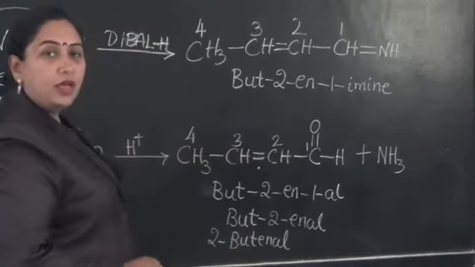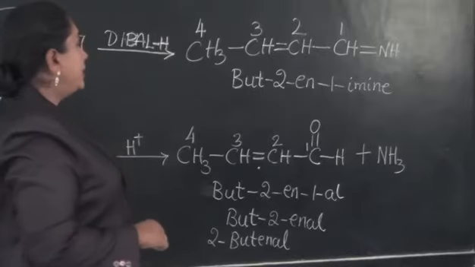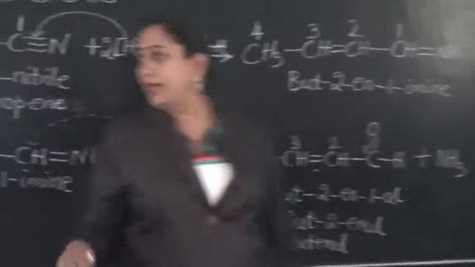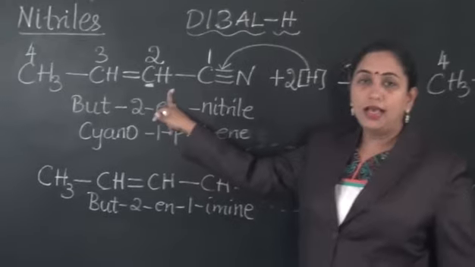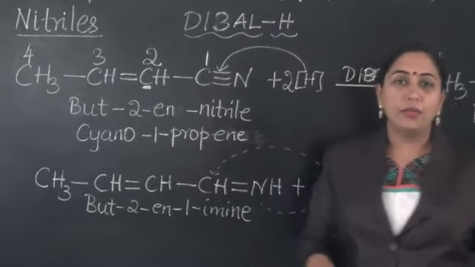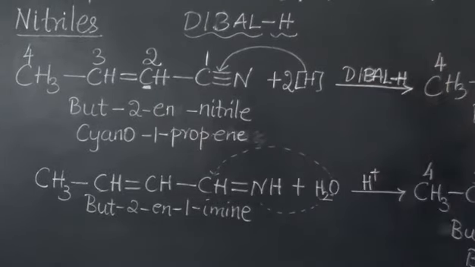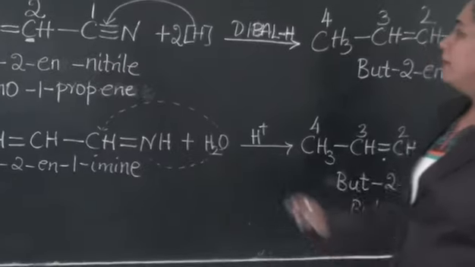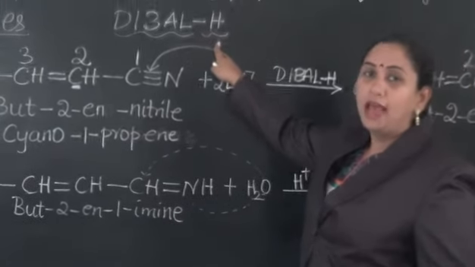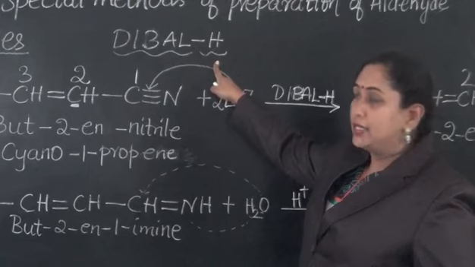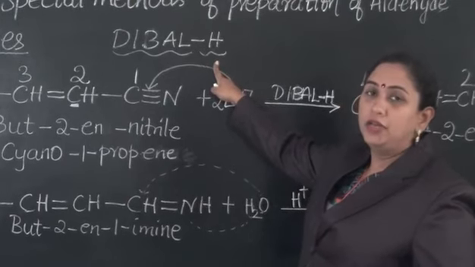So like this, by taking an unsaturated nitrile, we can arrive at the formation of the corresponding aldehyde by making use of DIBAL-H as our reducing agent.